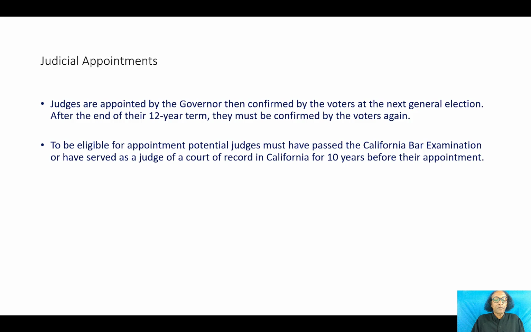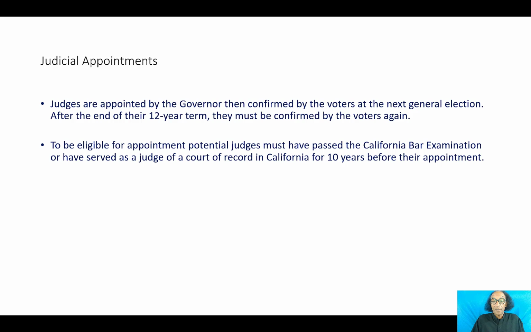What is important here, of course, is that in comparison to federal judges who are appointed for life terms, state judges, at least at the appellate level, Court of Appeals and the Supreme Court, must be reconfirmed by the voters every 12 years. Now, judges do not run as Republicans or Democrats or on a party platform for obvious reasons. They do not administer justice based on party affiliation.